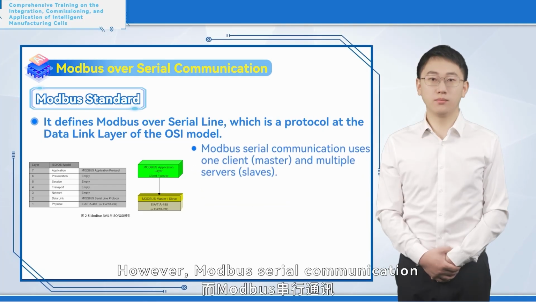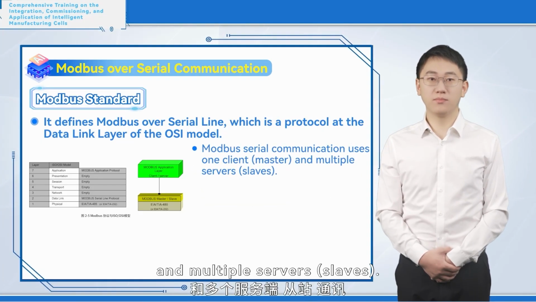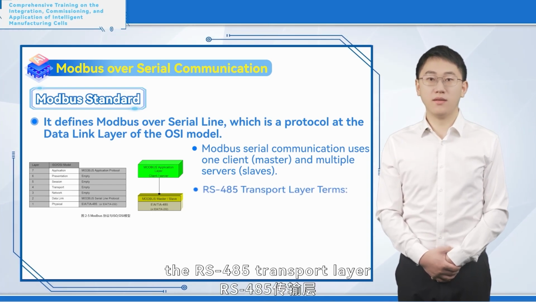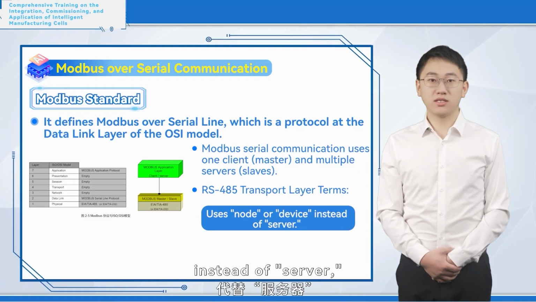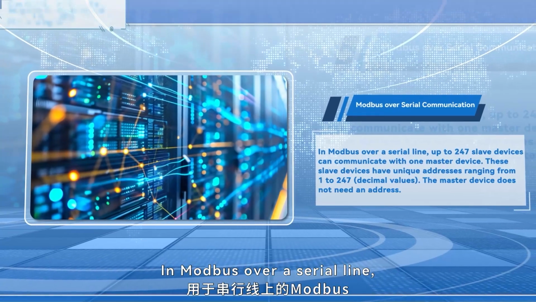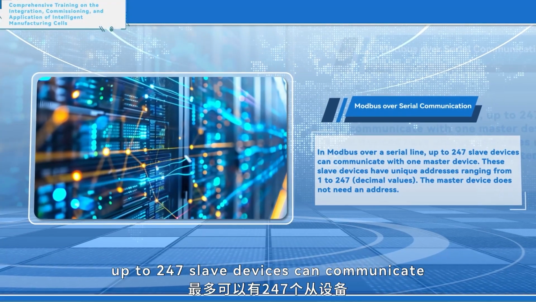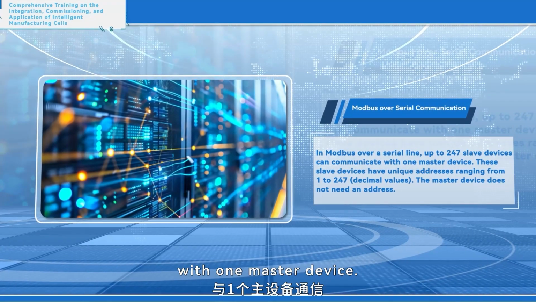However, Modbus serial communication uses one client, master, and multiple servers, slaves. To avoid confusion, the RS-485 transport layer uses the terms node or device instead of server, and client is not a node. In Modbus over a serial line, up to 247 slave devices can communicate with one master device.